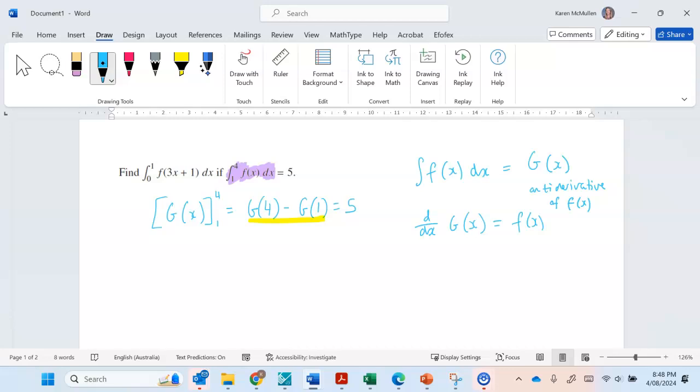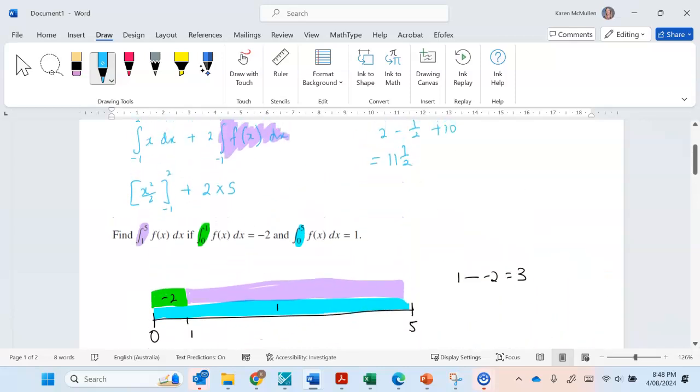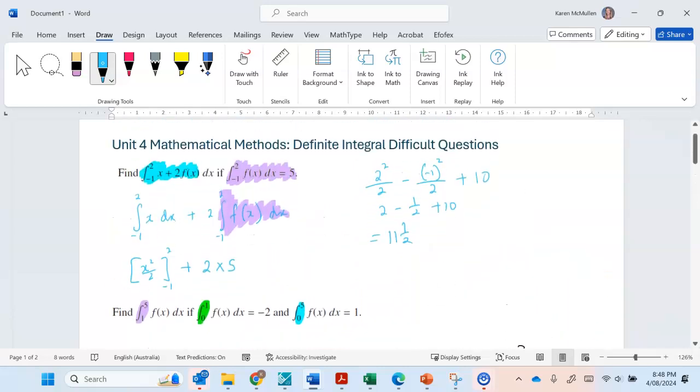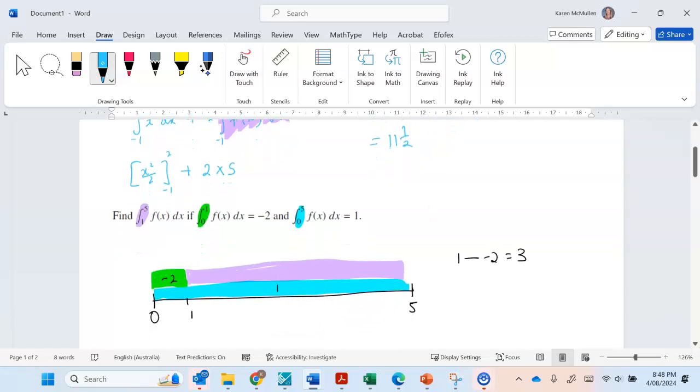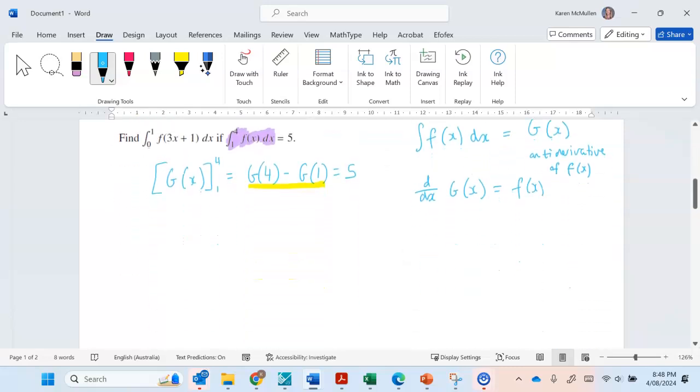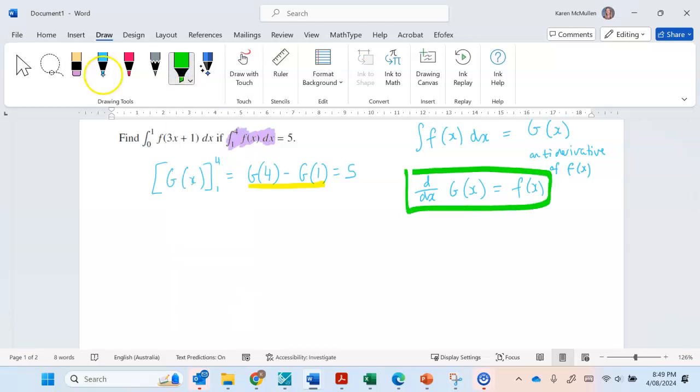And the reason we're going to be referring to this is because it's a little bit different, because we don't have the same terminals, and we don't have the same function, so it does make it a little bit difficult. All right, so let's have a look at f of 3x plus 1. So we're going to use this understanding over here. All right, so we're just going to put a rectangle around that.